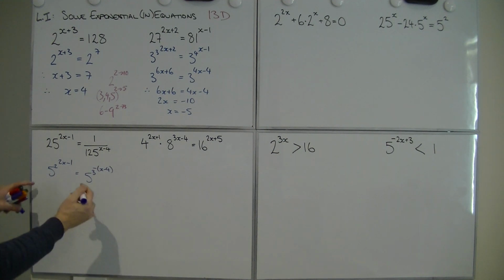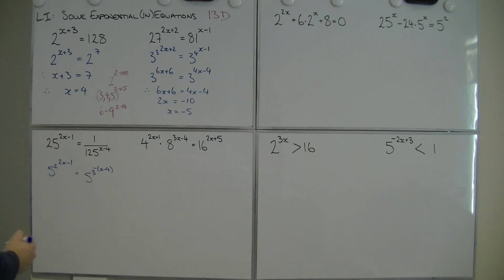Cool, okay. Well, how can we manipulate this any further? Well, I've got all the 5s there. I should simplify out these powers. So therefore, I've got 4x minus 2, negative 3x plus 12. Cool, move these across. 7x equals 14. x is 2. Beautiful.